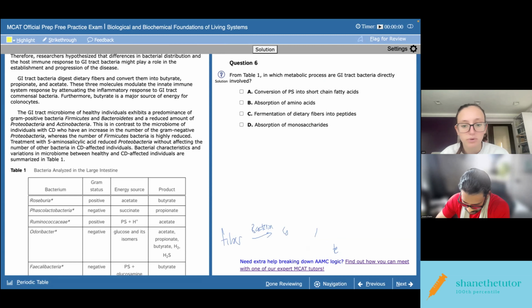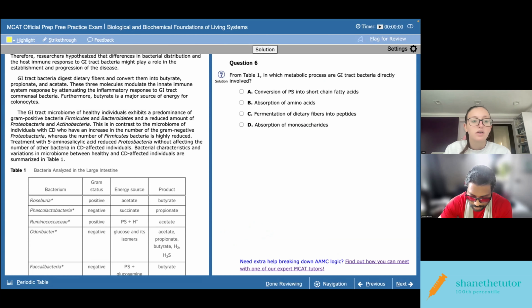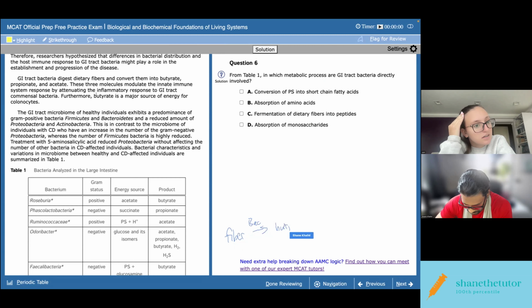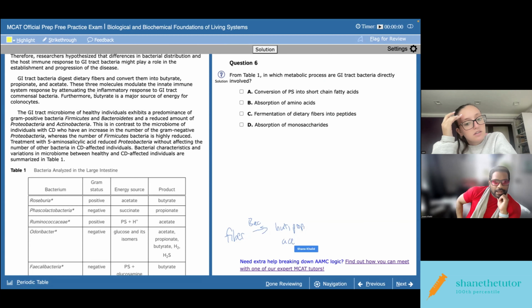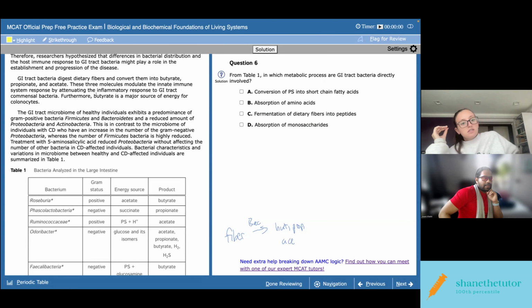Okay. Should I keep reading? These three molecules modulate the innate immune system response by attenuating the inflammatory response to GI tract commensal bacteria. What are they saying here?